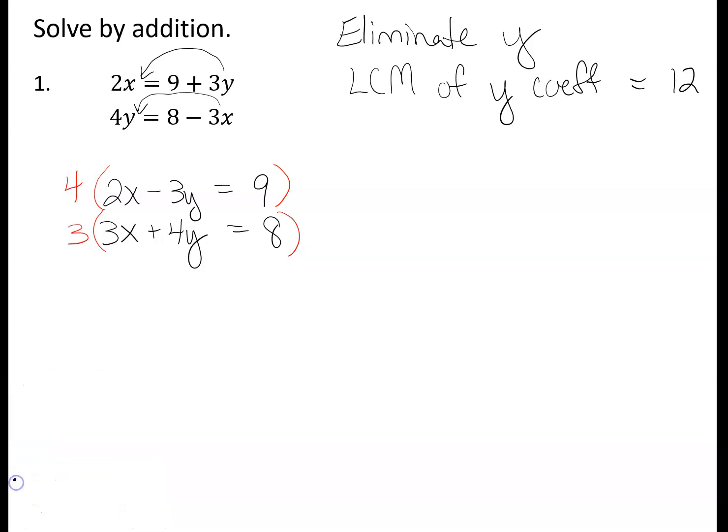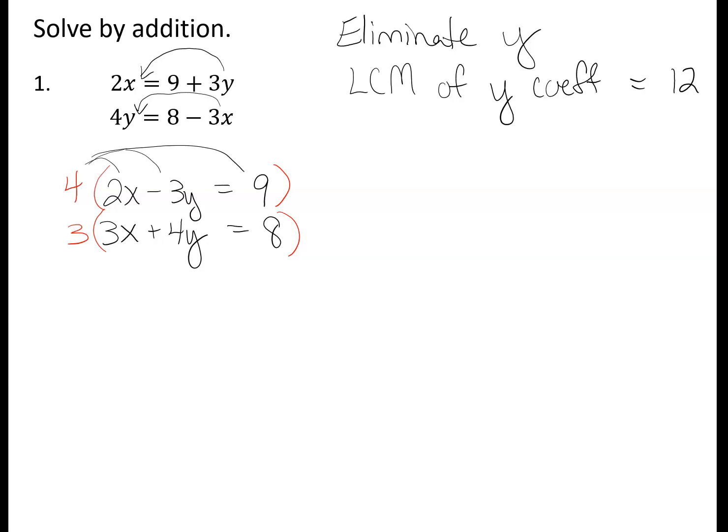So the next thing we need to do is multiply by the entire equation. That number has to multiply to everything, not just the y term. So let's write down what's going to happen when we do that.